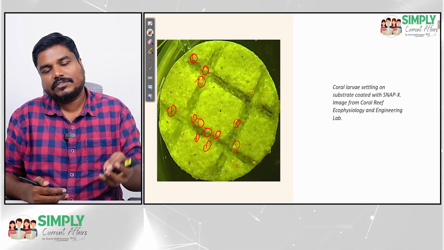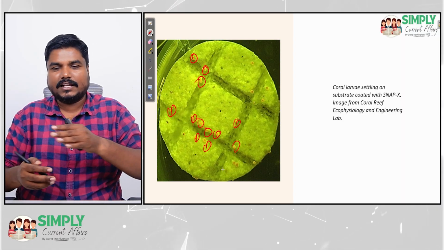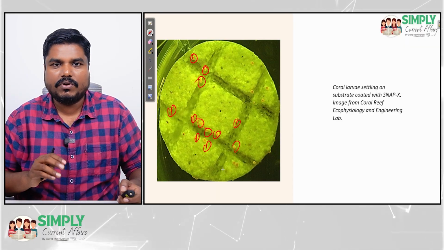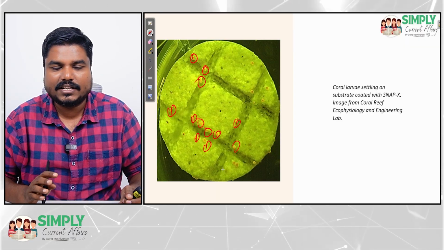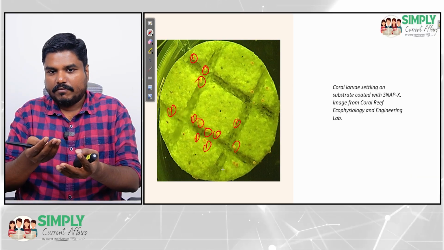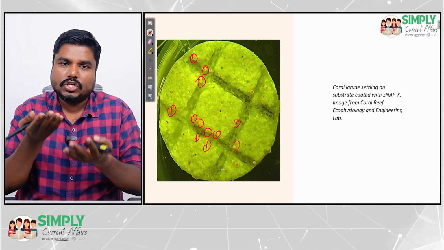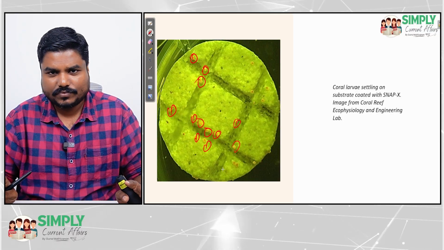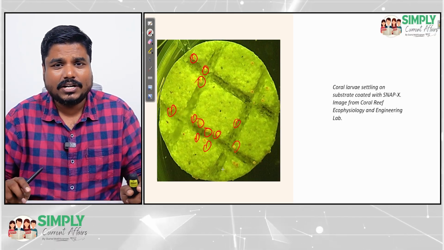Why is this a breakthrough? Globally we see a lot of coral bleaching activity going on. Corals are getting destroyed. So now let's take this bioink. Imagine a gel. You apply the gel on the existing corals. Now what happens?